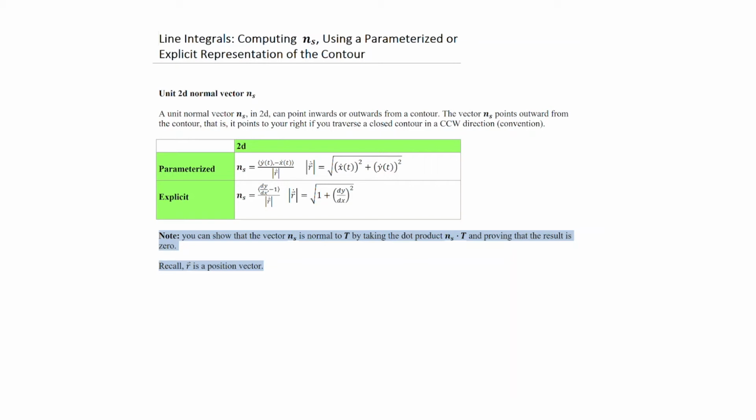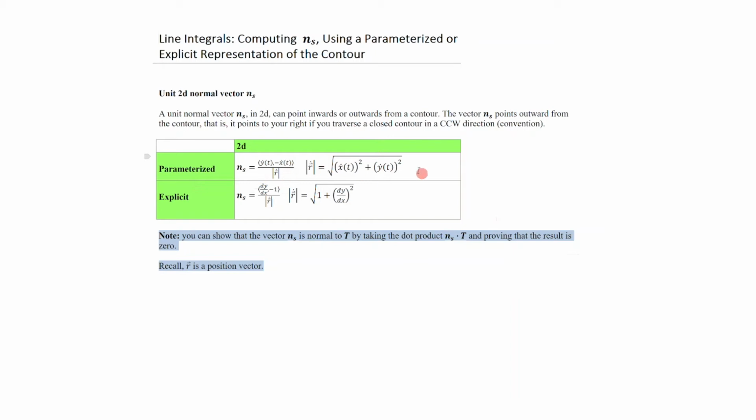So if you look at the first note below, you can show that the vector ns is normal to t by taking the dot product of ns dot t and proving that the result is 0. That's a means of verifying that we've chosen the right value of ns, and t you can obtain from the previous slide. So here, if you look at the expression, we have ns as y dot for the first component and minus x dot for the second. If you take this and dot product with t, you'll get 0.